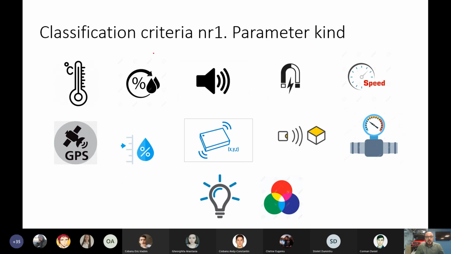Now, let's make some clarifications, or better to say, classify the sensors according to some criteria, in order to be able to decide more easily what kind of sensor to use.